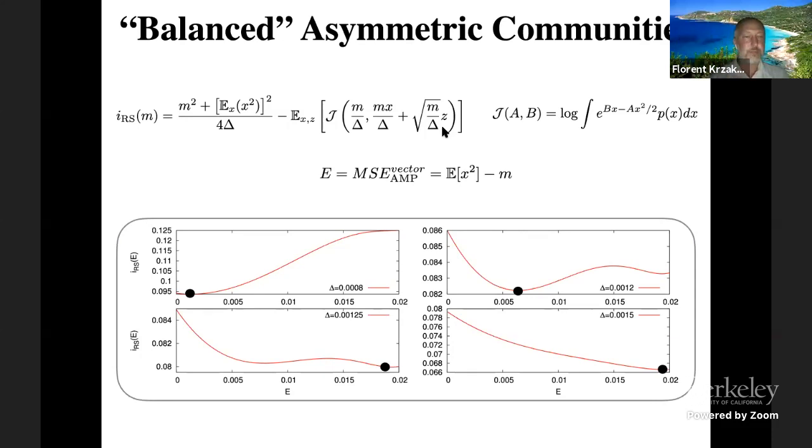This is proven. So depending on the value of the noise, this function, this replica potential, looks like that, or like that. And the minimum is changing. So here it's very small noise. The minimum is here. This is error, it's small. When we increase the noise, well, the minimum is going to a position where the error is a bit larger.